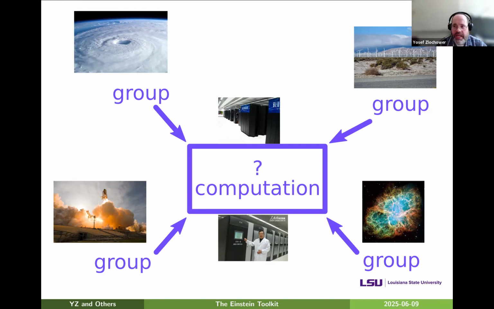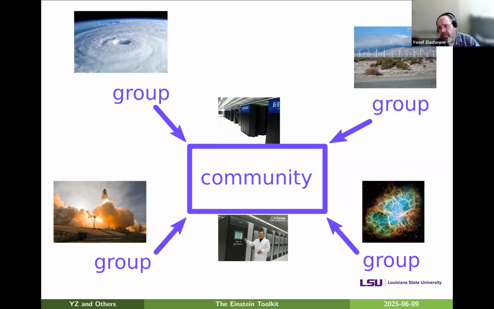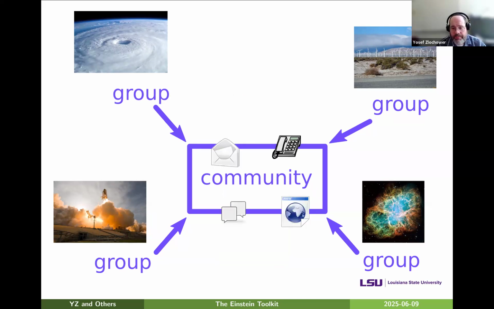And so wouldn't it be really great if we could take all these different groups and say, you all need this common code base. So let's work on a common code base, and then we can all apply the code base for our projects. And that means we want to build a community around this software development, which is really what the Einstein Toolkit is about.